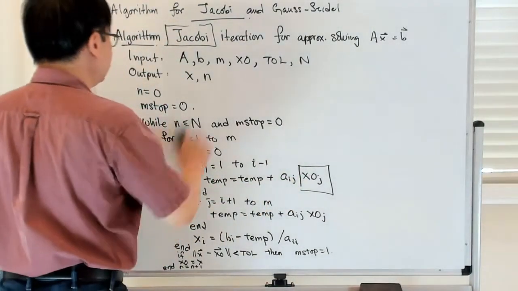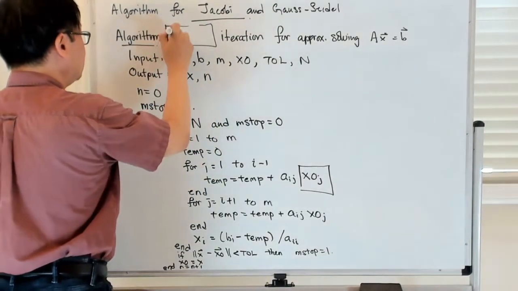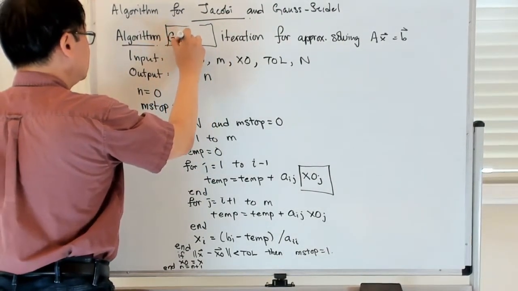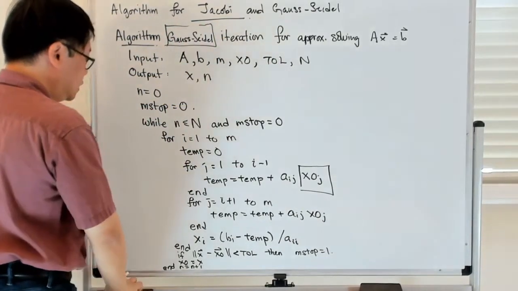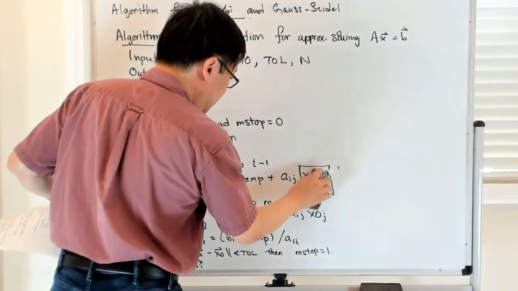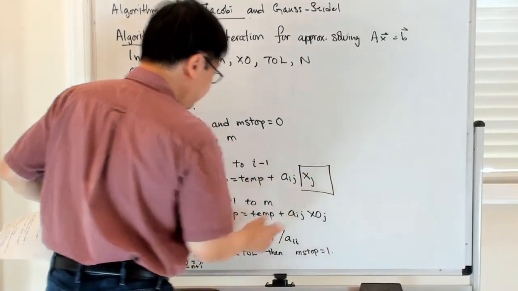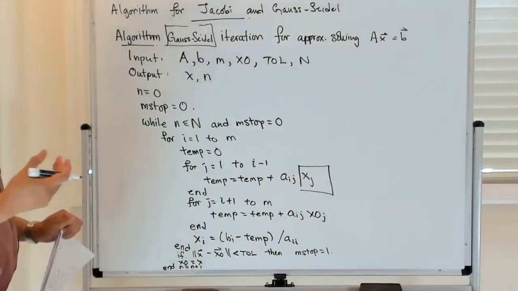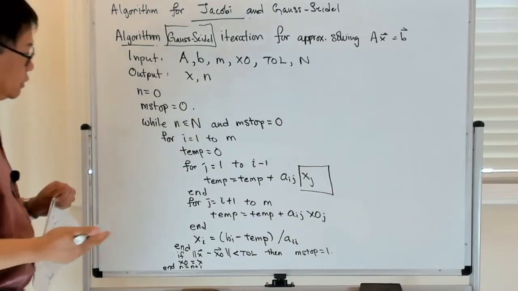So I'm going to go ahead and do that now. So now this is for Gauss-Seidel. And then this entry, instead of x0, becomes x, because if you recall, x0 is containing the n-th iterate, and x is containing the (n+1)-th iterate.